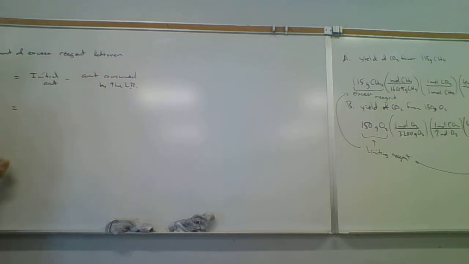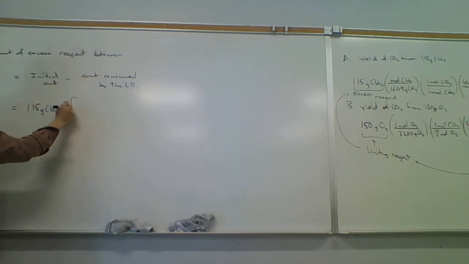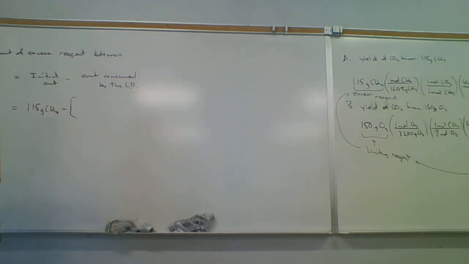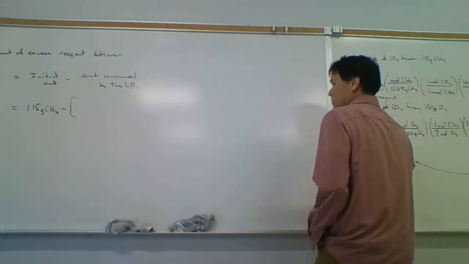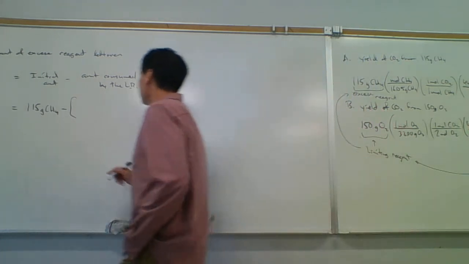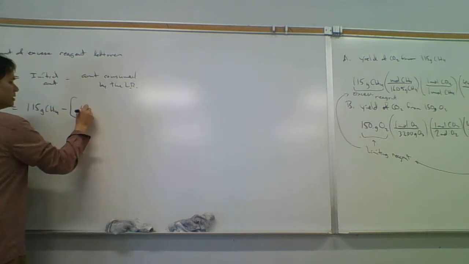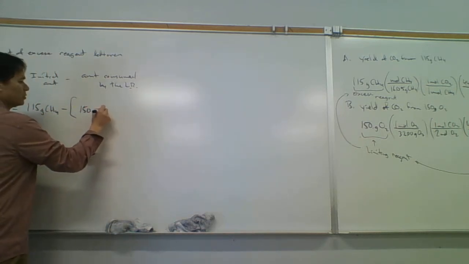And so the initial amount of methane that I had is 115 grams of methane minus the amount consumed by the limiting reagent. Now, for the amount consumed by the limiting reagent, we have to do yet another stoichiometry calculation. So this will be stoichiometry calculation number 3. We'll start off with the limiting reagent. The limiting reagent is 150 grams of O2.